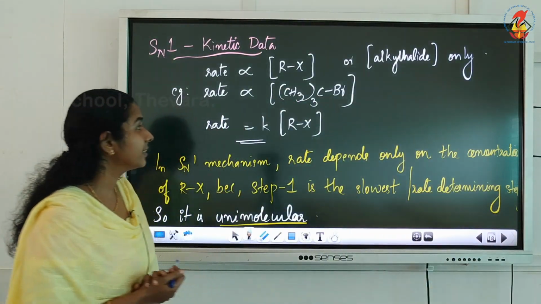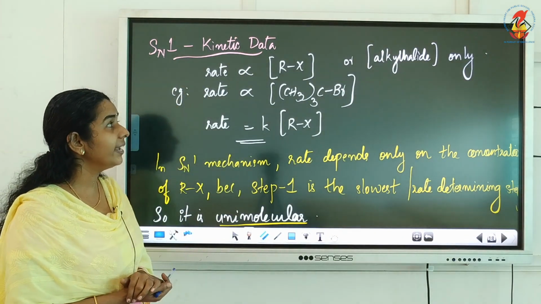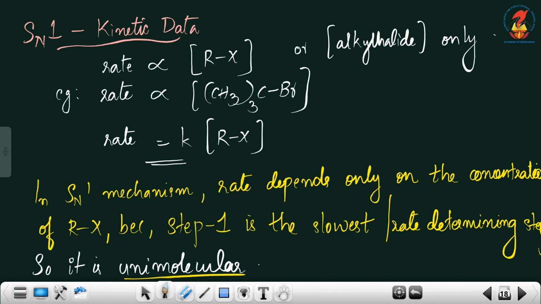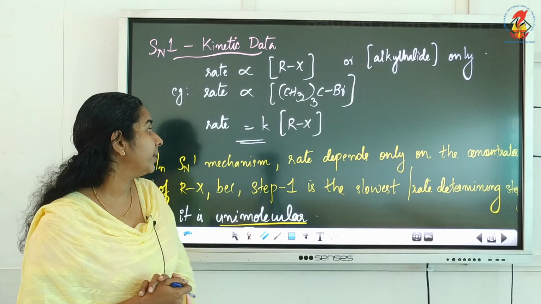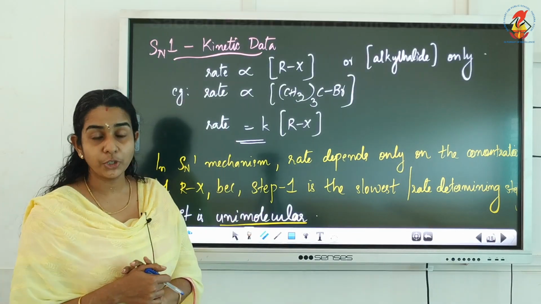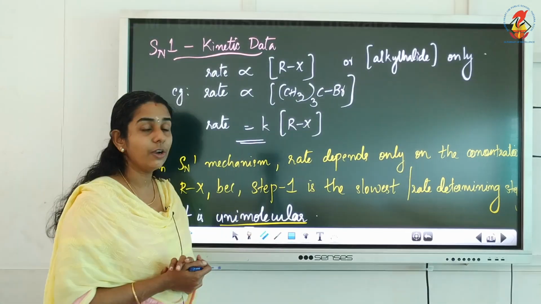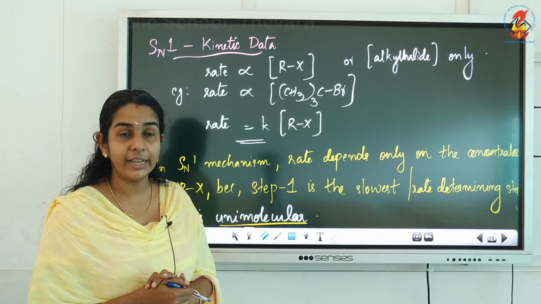Now what about the kinetic data of this reaction? The rate depends only on the concentration of alkyl halide, because step 1 is the slowest step, or the rate determining step. So in terms of tertiary butyl bromide, how can we write it? The rate of reaction depends only on the concentration of tertiary butyl bromide. Or if we replace the proportionality sign, it will be equal to the rate constant k times the concentration of alkyl halide.